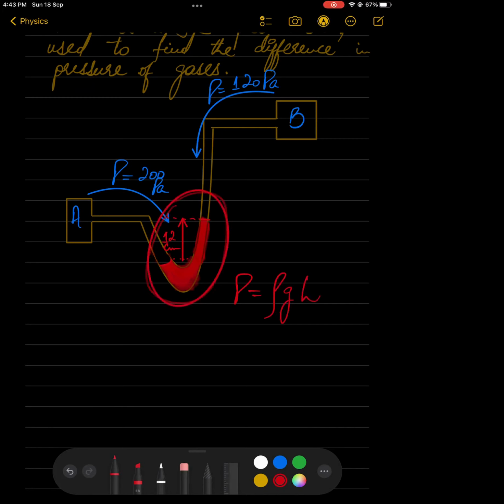Since we are dealing with liquid, liquid को use कर रहे हैं हम, तो हम rho GH use कर रहे हैं यहाँ पे. आपको density given होगी for the mercury. Let's say it's 1500. The gravity is 9.8 और height आपके पास इस क्वेश्चन में given है 12.